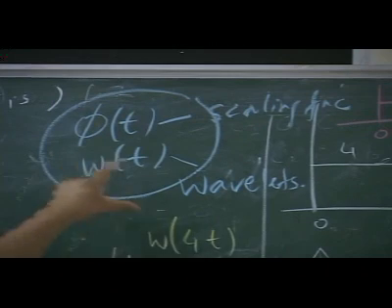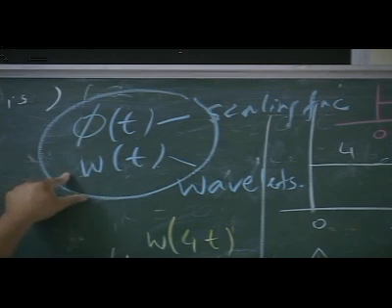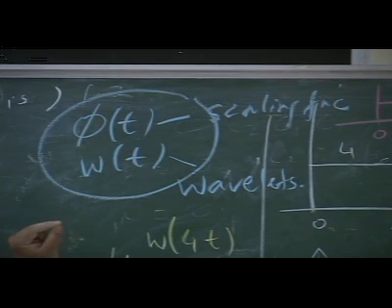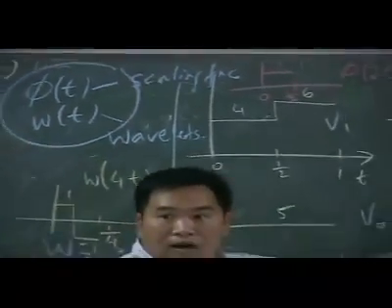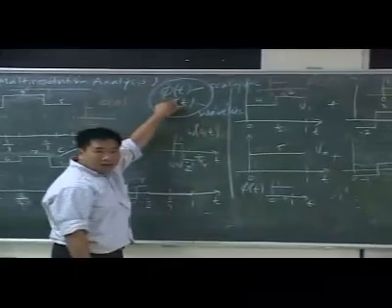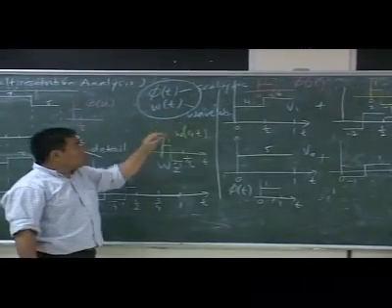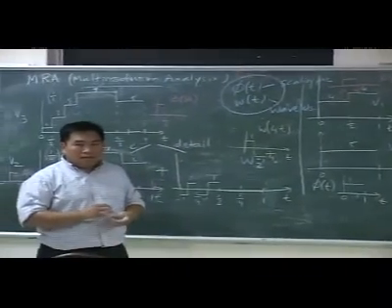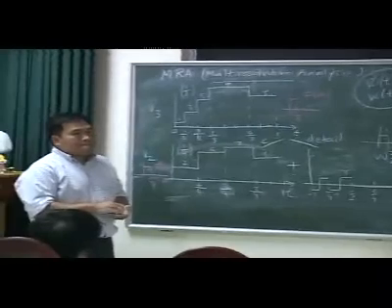There's a wavelet associated with the high pass details operation. And I only have to know two of them, phi of t and w of t, because the basis functions for the other scales, the other resolutions, are related. Phi of t, phi of 2t, phi of 4t, phi of 8t, and so on. And vice versa for w of t. Any questions?